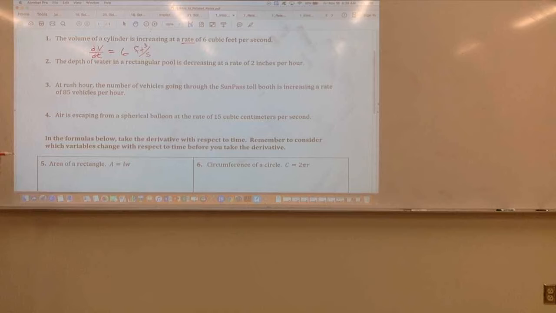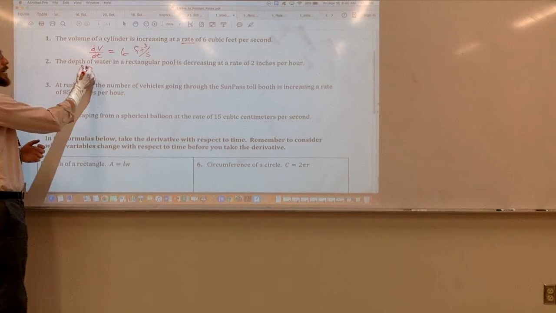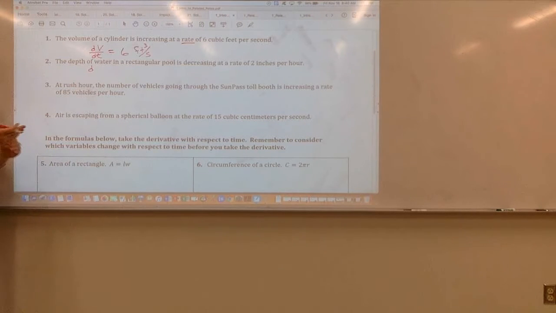The rate of change of the volume, dV/dt, is equal to 6. So in the second one, we have the depth of water in a rectangular pool. If we're talking about depth, that's another way to say the height of the water. We're thinking about a rectangular prism.